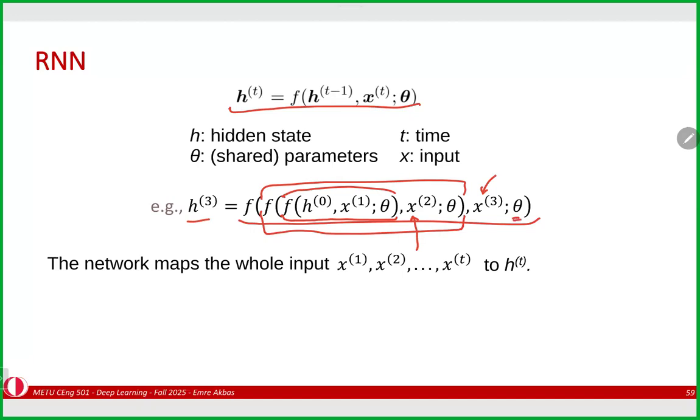And as a summary, what happens in practice is that you have this sequence from x1 to xt. That whole sequence is mapped to ht, the hidden state at time t.